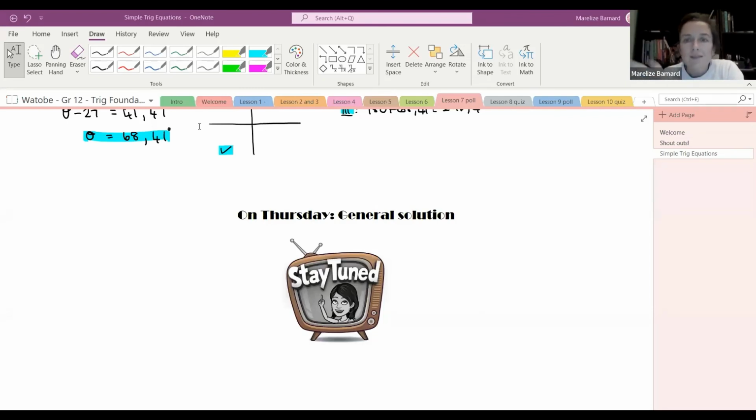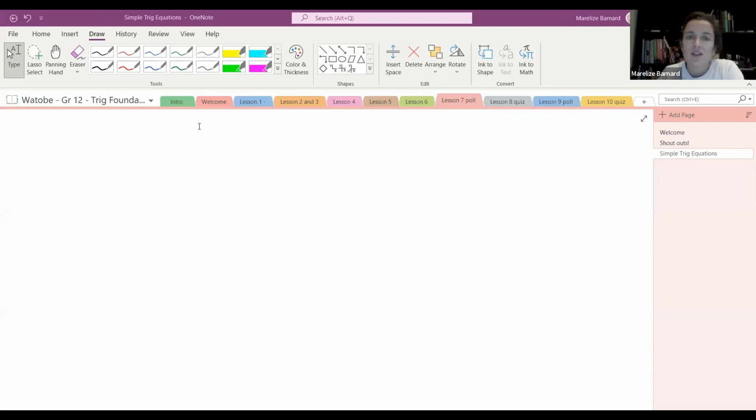There's only one instance where we are going to use co-ratios, and that I'll cover in the next lesson. But other than that, don't complicate things by using 90 minus, 90 plus, or 270 plus and minus, okay? Just stick to those original quadrants.